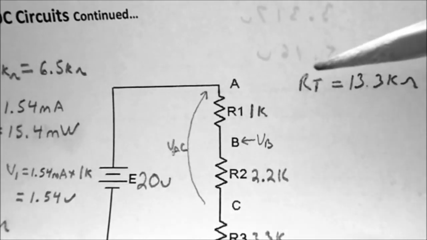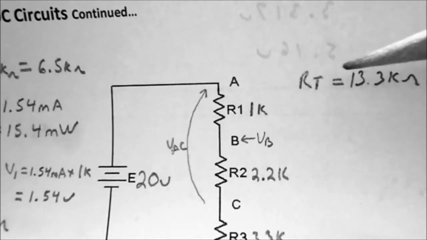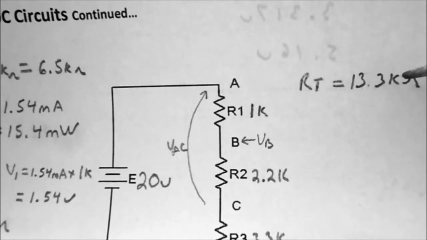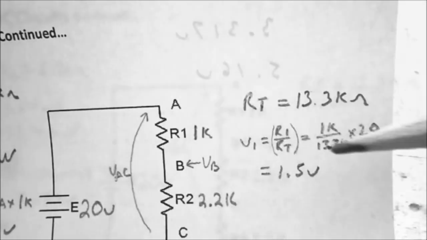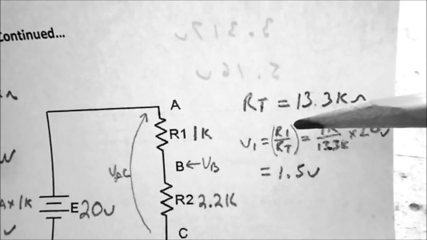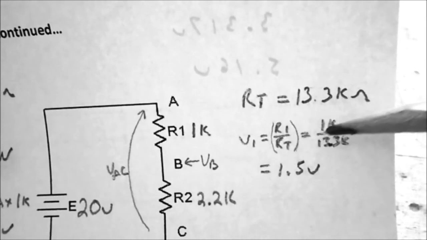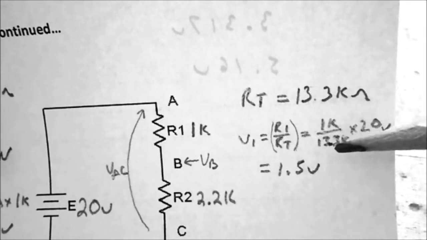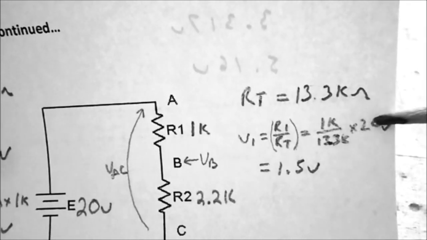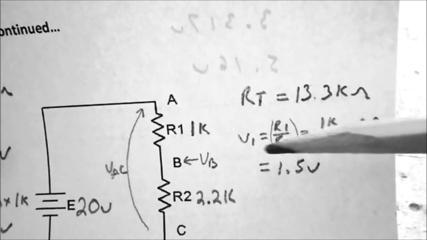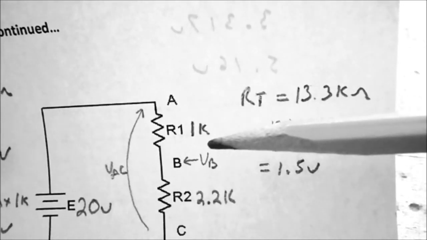So the first step is to calculate RT, and I've got RT equaling 13.3K ohms. So V1 is equal to the ratio of R1 to RT, so that's equal to 1K divided by 13.3K times the 20 volts, so we're expecting to see 1.5 volts dropped across R1.